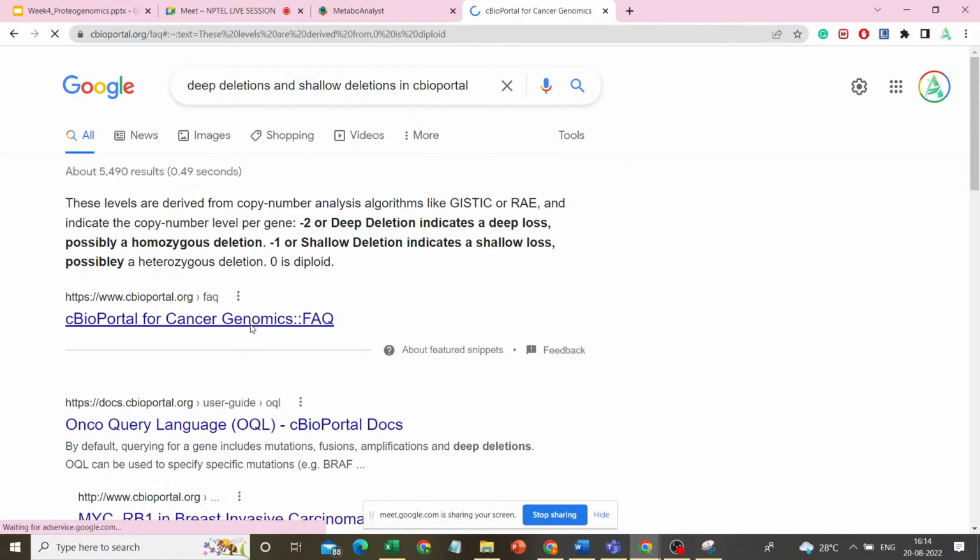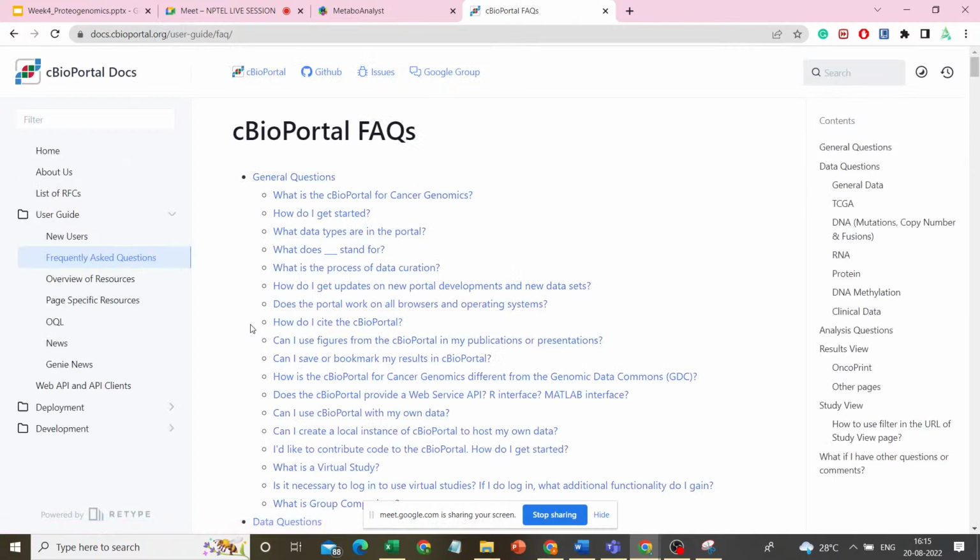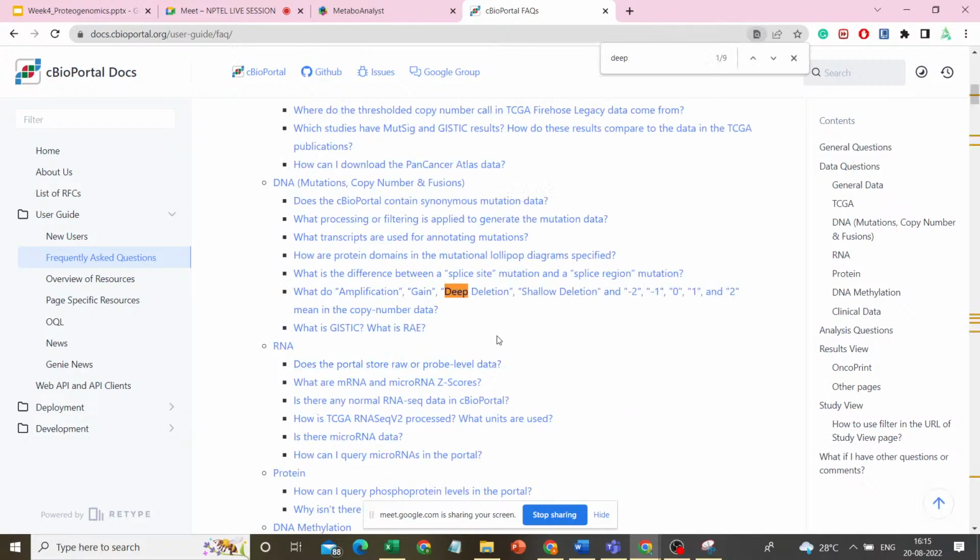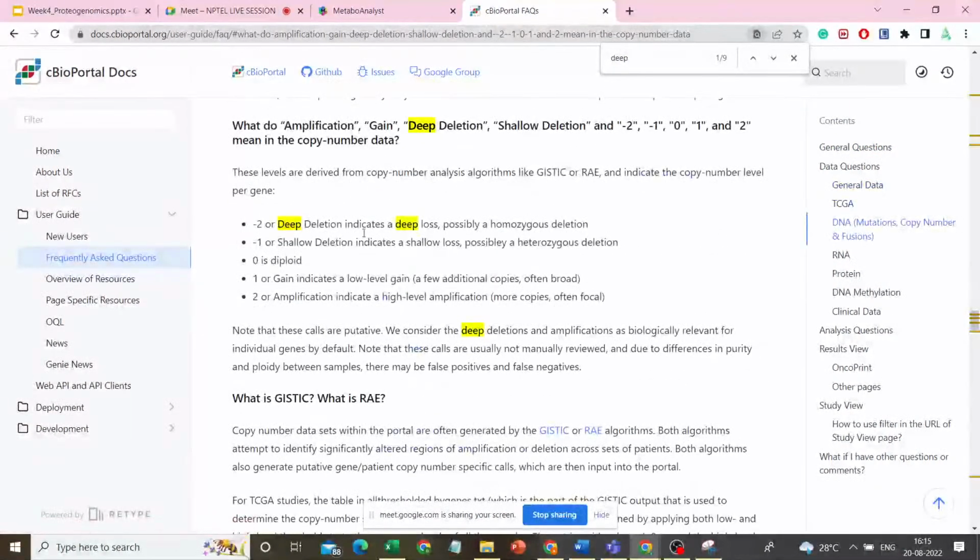Here they have mentioned it: minus two is a deep deletion, possibly a homozygous deletion, and minus one, a shallow deletion, indicates possibly a heterozygous deletion.